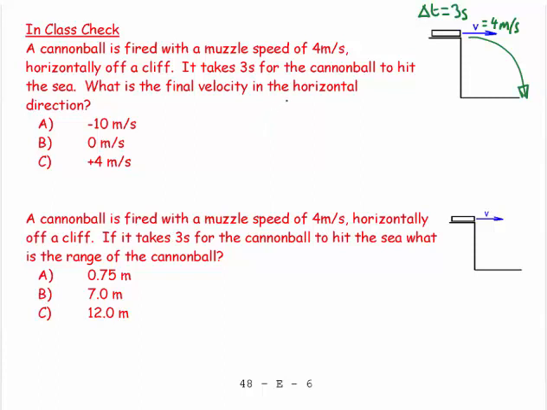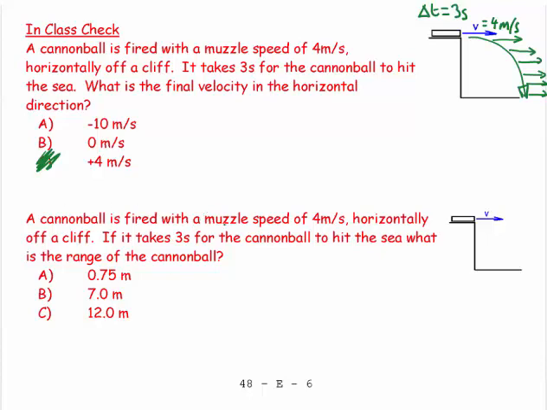What is my horizontal component of velocity at the end? Well, if there's no acceleration horizontally, because there's no net force component horizontally, then I have no change of velocity horizontally, and so my final velocity is the same as my initial velocity, and so I have plus 4 meters per second. The speed is constant horizontally.